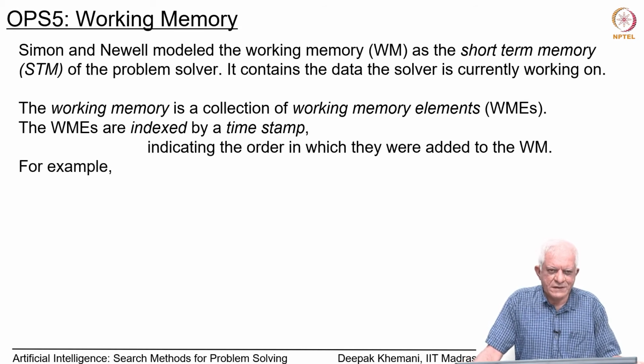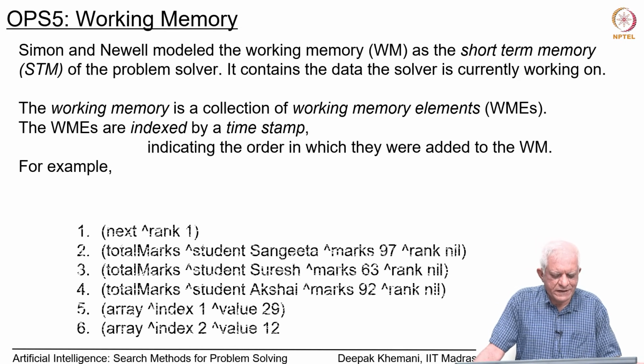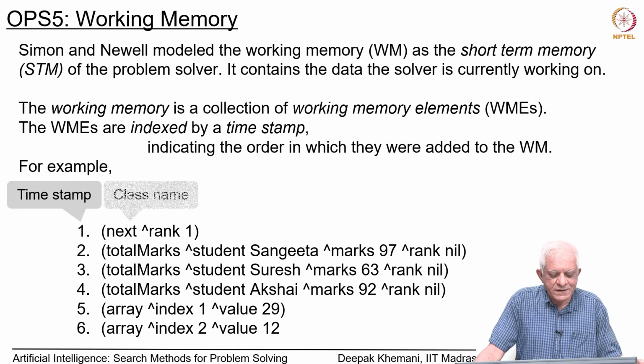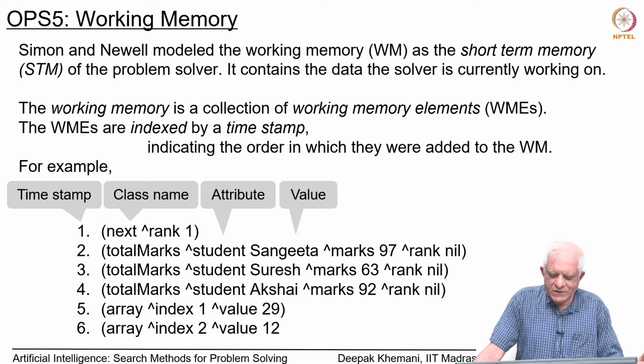So, here is an example to illustrate that idea. This is a working memory, it has got 6 elements in it. The first column shows the timestamp, the second column shows the class name. Then for each record there is an attribute name and a value.